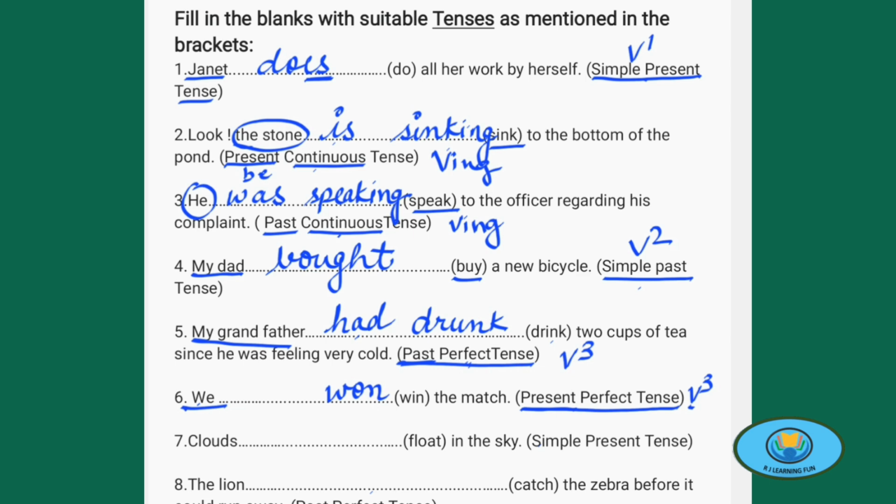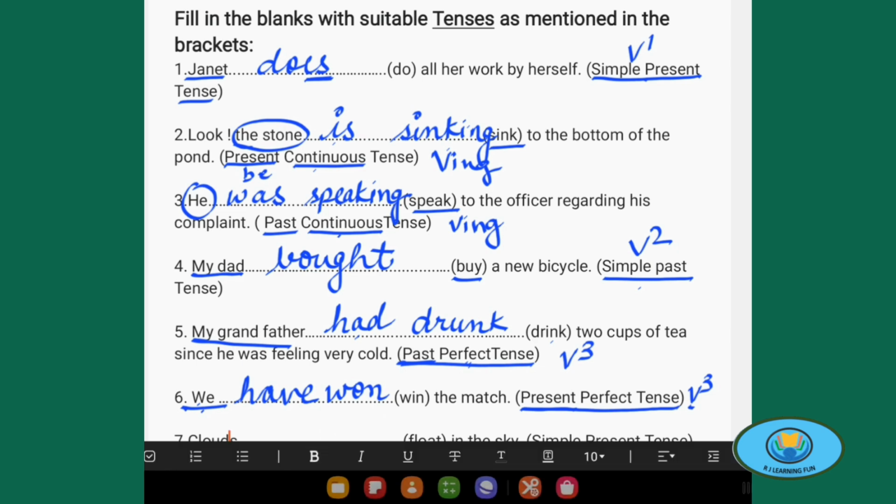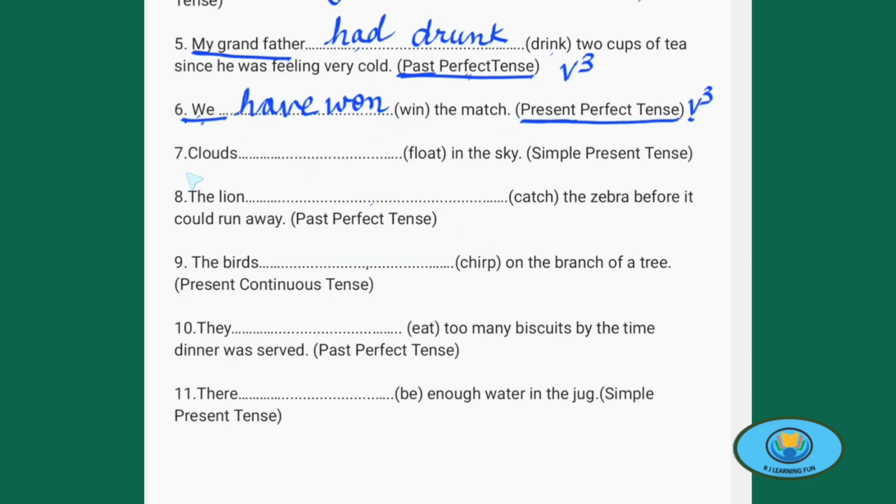So with singular nouns and he, she, it, we use has, and with I, we, you, they pronouns and plural subjects, we use have. So here the subject is we. For we will use have. So, present perfect is has, have plus third form of the verb. Have won the match.